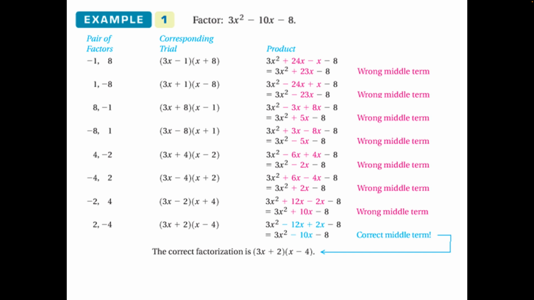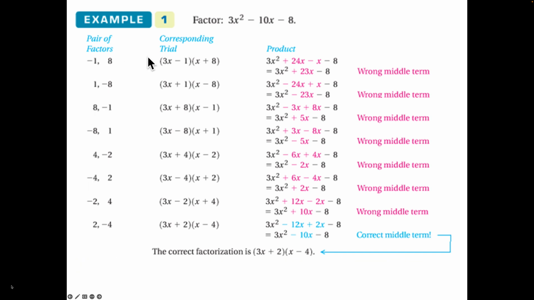They say, well, look, the two factors of your 3x squared have to be 3x and an x. So we're going to build a bunch of binomials that start with 3x and x, and ask what are all the factors of a minus 8? Negative 1 and 8, 1 and minus 8, 8 and negative 1, negative 8 and 1, 4 and negative 2, negative 4 and 2, negative 2 and 4, 2 and negative 4. All the possibilities with your signs.